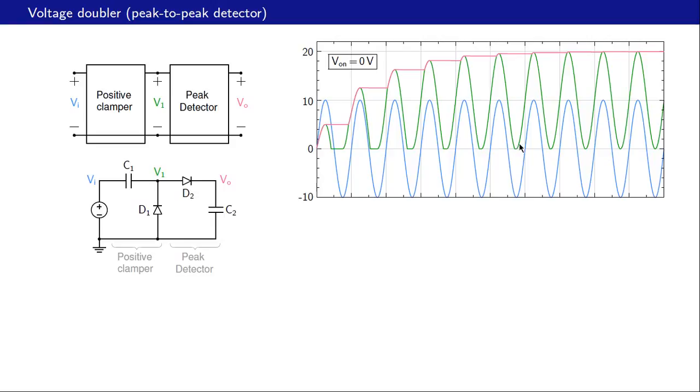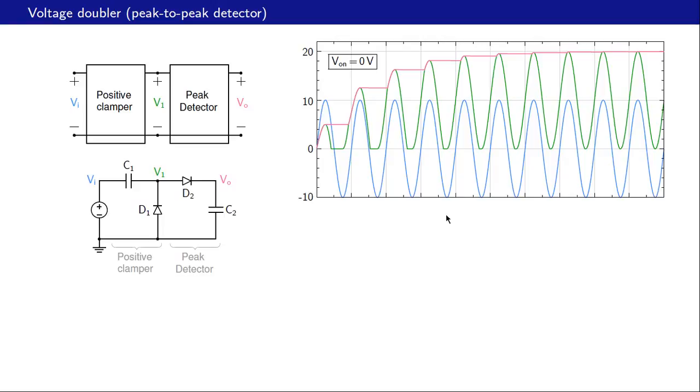So it goes from 0 to 2 Vm if the input goes from minus Vm to plus Vm. The peak detector simply detects the peak of this waveform, the green waveform, which is V1, and the peak is this level here, and that is 2 times Vm, or 2 times 10 in this example, which is 20 volts.